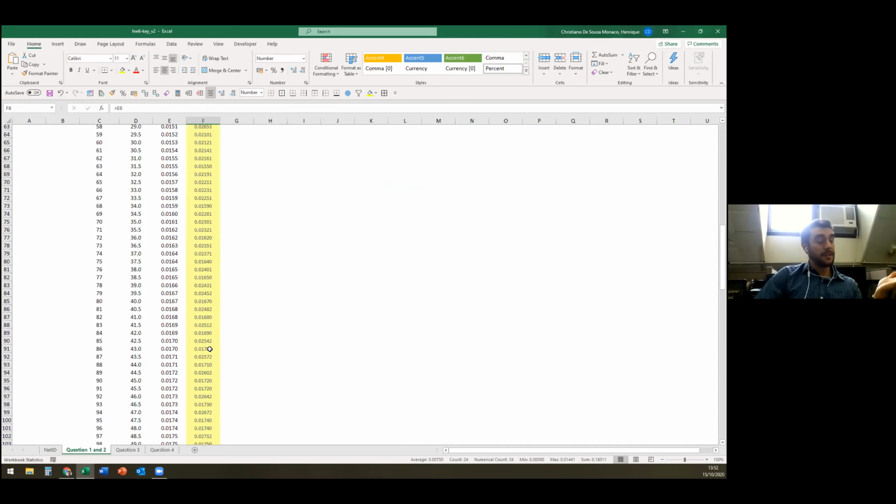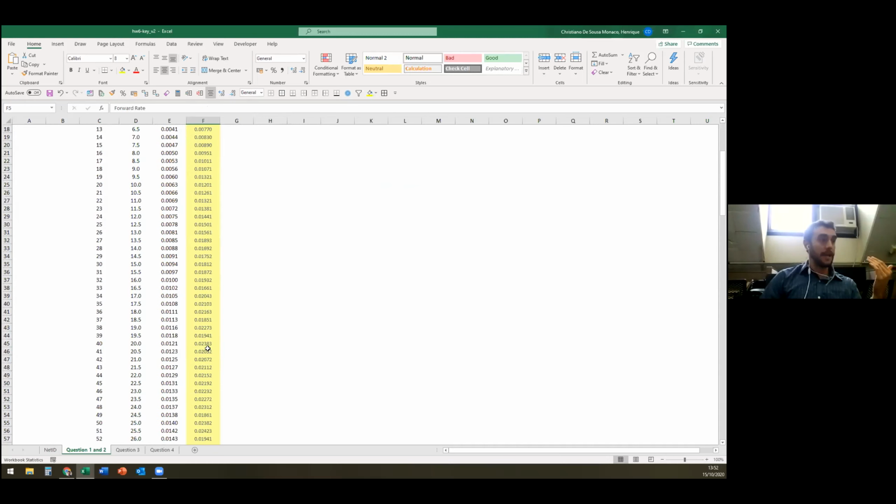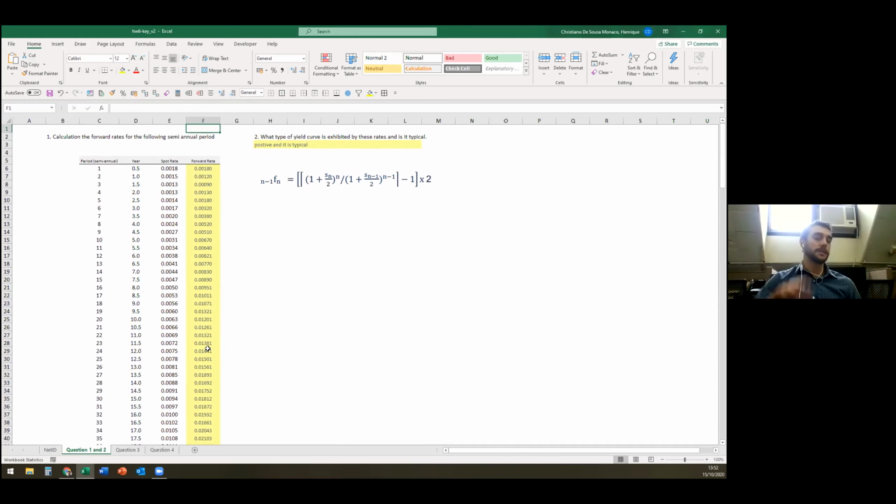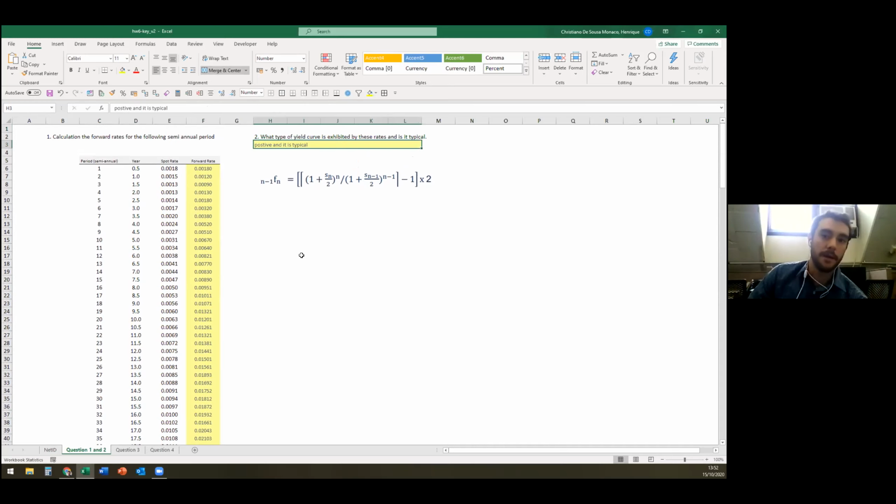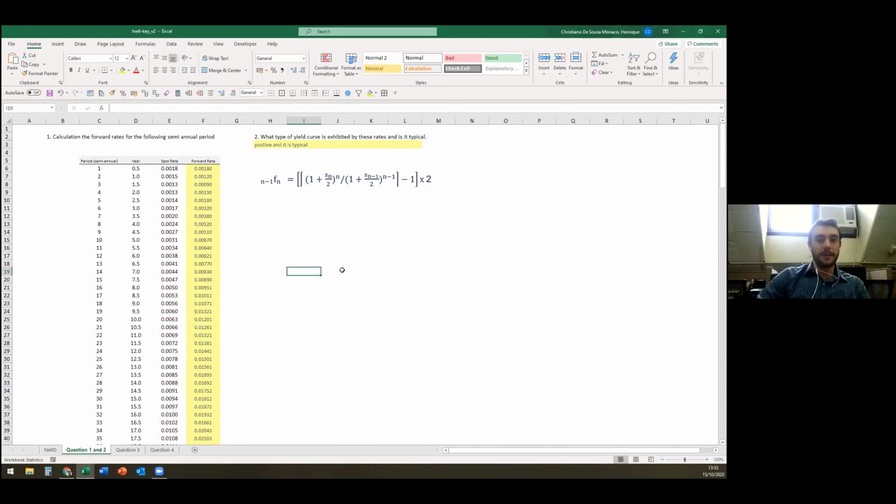If you graphed that, you would see some ups and downs, but overall it was increasing, and so it shows a positive yield curve and a typical pattern. Okay, I think Gary's gonna graph that later maybe to talk about it. Okay, so that was question 1 and 2.